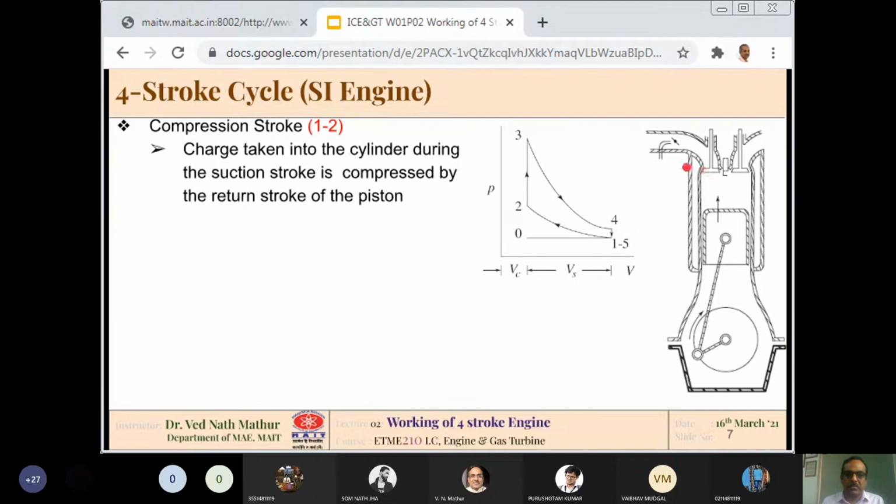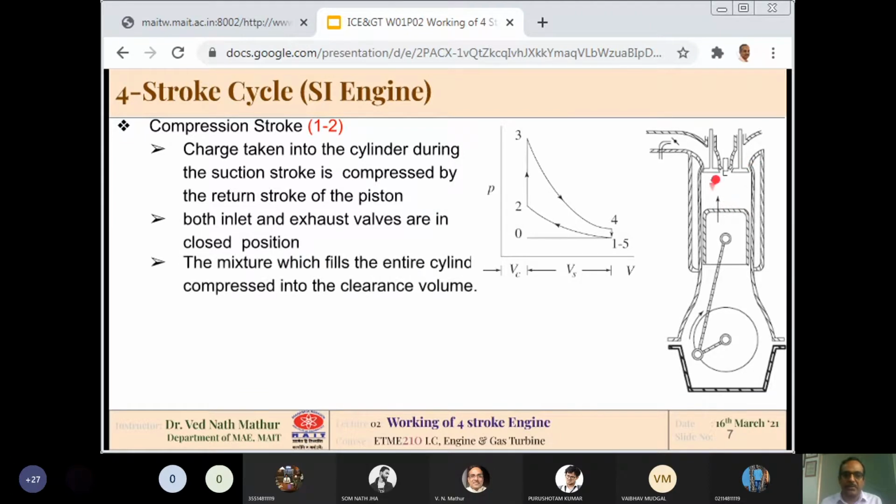The charge which was already taken into the cylinder during the suction stroke is compressed by the return stroke of the piston. Now the piston is moving in the upward direction. Both inlet and exhaust valves are in closed position, and the mixture which fills the entire cylinder is compressed into the clearance volume.